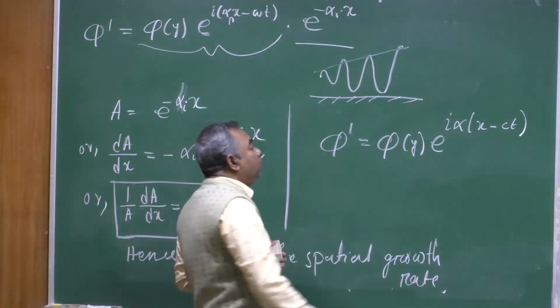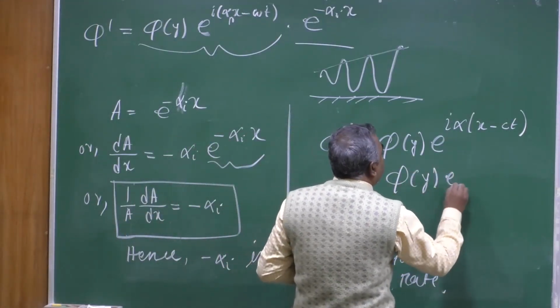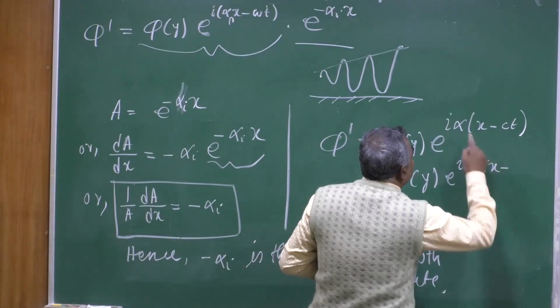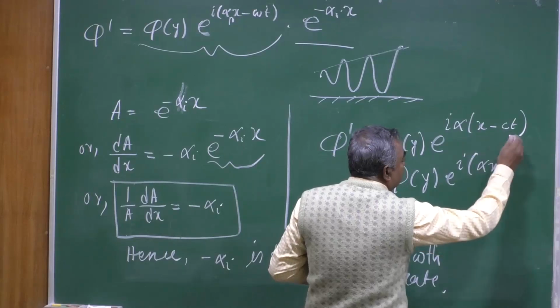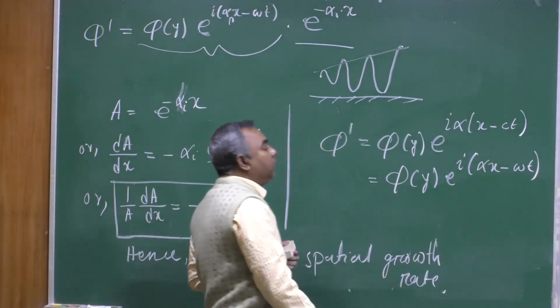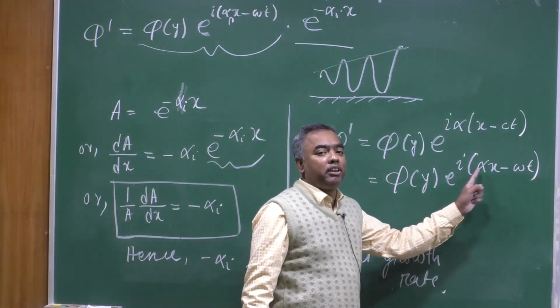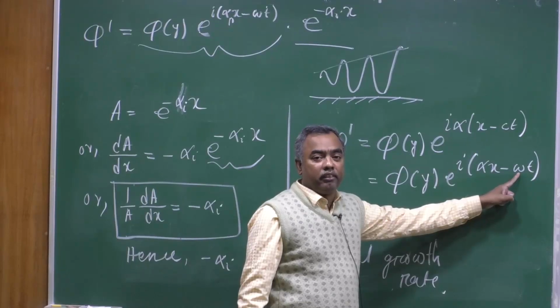Okay. So, what you can consider here is u = I(αx − αC), which is nothing but your omega. In this particular case, the temporal case we are talking about, alpha should be real and omega should be complex.